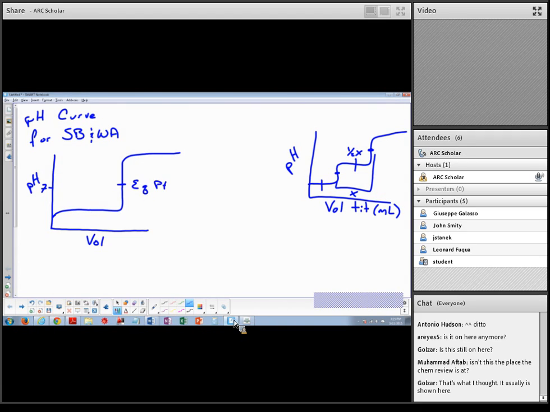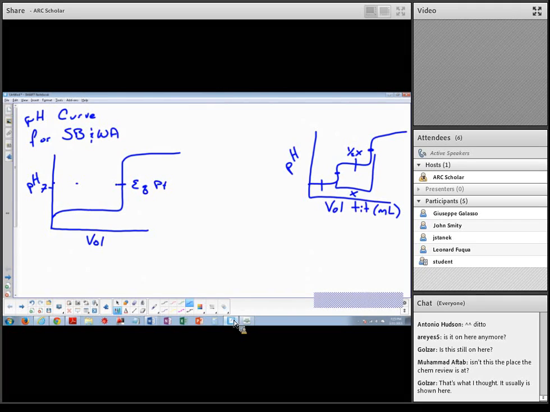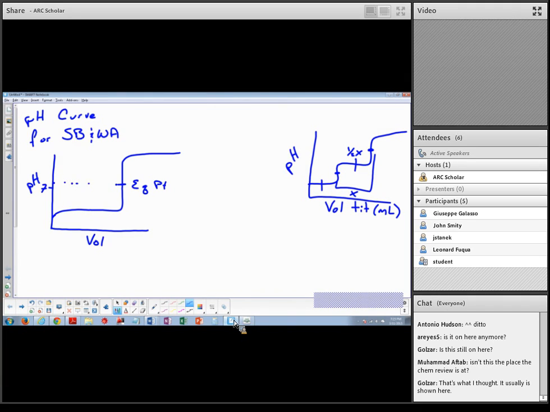Okay, and if I've drawn this correctly, do you guys agree with that, where my equivalence point lies as far as the pH is concerned? Think about the example we just did. That last one that we did was the equivalence point, right? pH was like 8 point something.